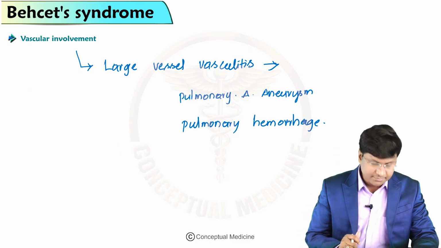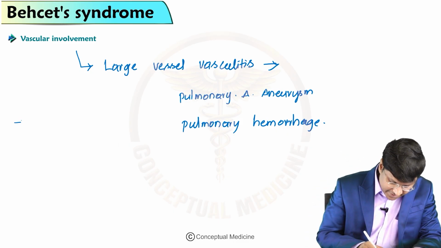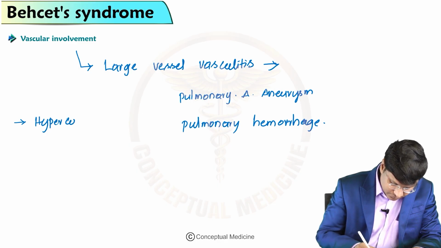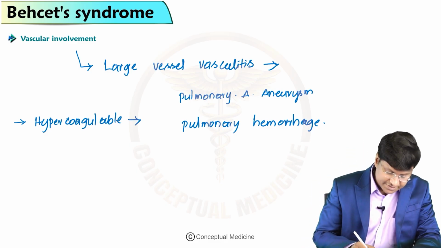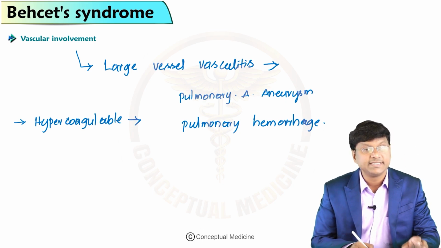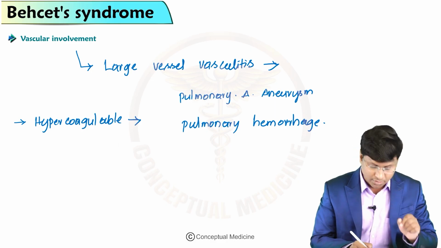Next, in patients with Behcets, they also have a hypercoagulable tendency, and because of this hypercoagulable tendency, that may lead to complicated venous thrombotic events.